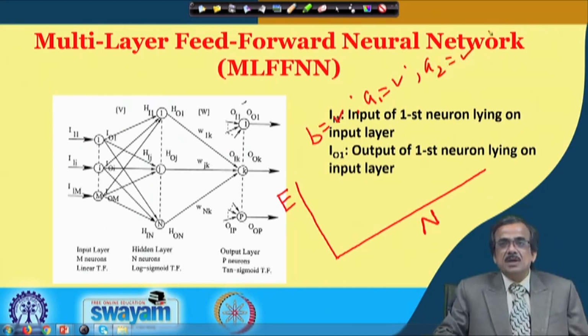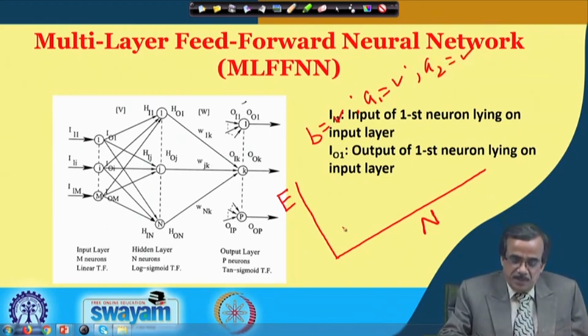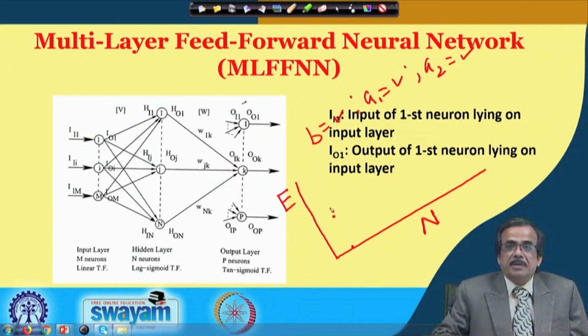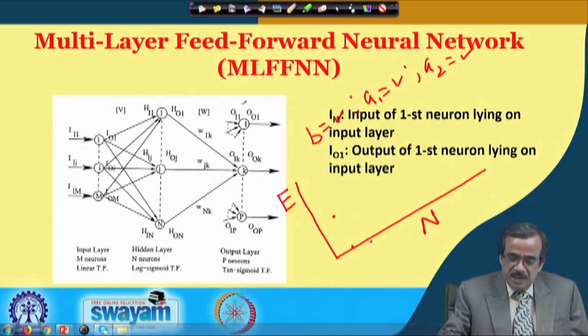Now, we start with 2 hidden neurons. Say, this indicates 2 hidden neurons. So, I will be getting some error, and the error could be here. Then I use 3 hidden neurons, and the error could be here. Then I use 4 hidden neurons, and the error could be here.